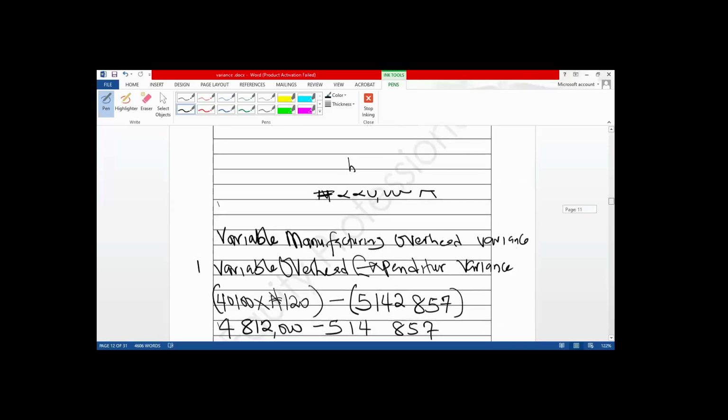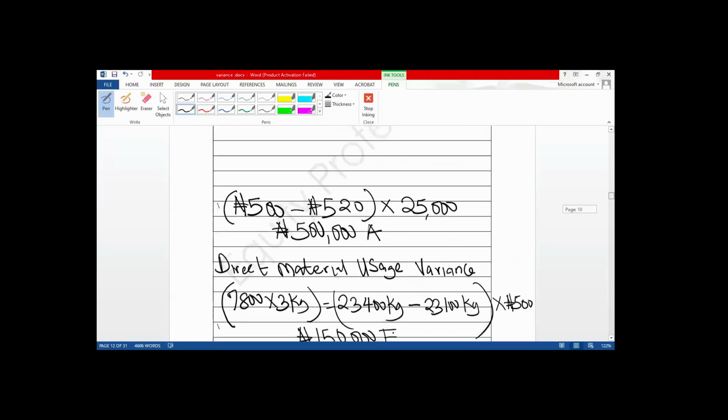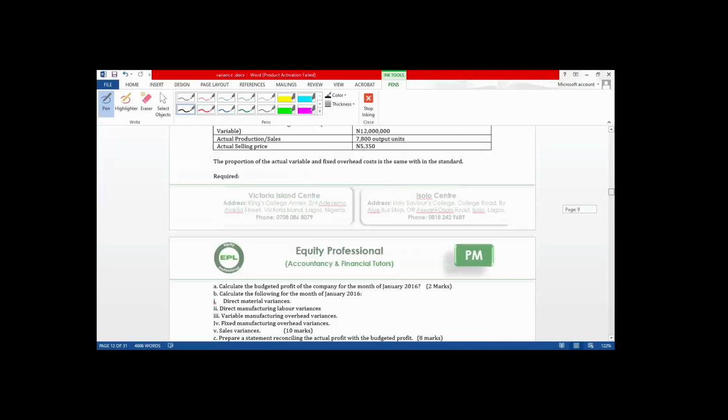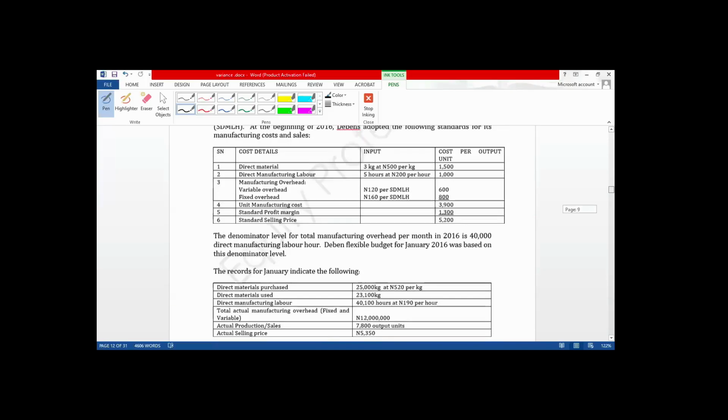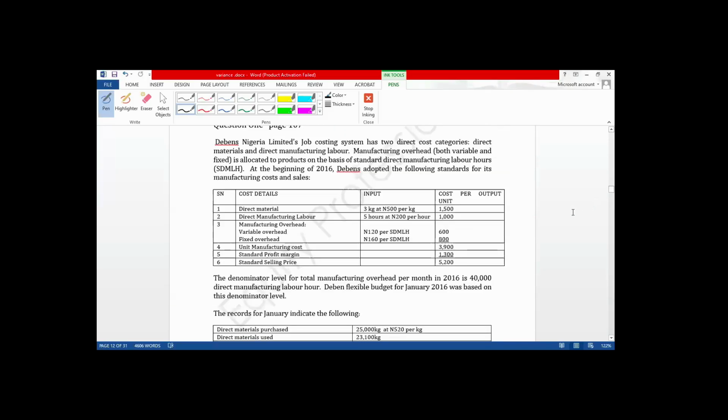Go and check the standard table. There's a rate per labor hour and a rate per unit. Please be mindful of this. In this case, you are going to pick 800, the cost per output unit.